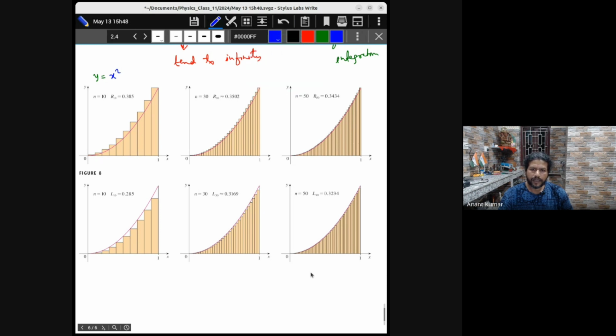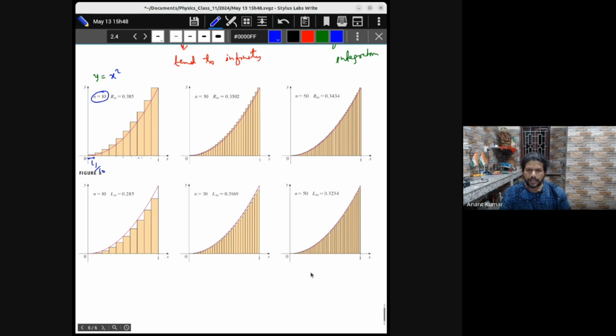The height of these rectangles at every point is the function value at these points, and I have divided it into 10 parts. So each part is 1/10, which is 0.1, then 0.2, 0.3, 0.4, 0.5, 0.6, 0.7, 0.8, 0.9, and 1.